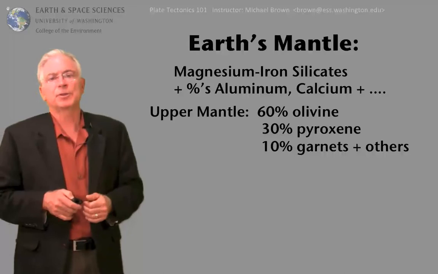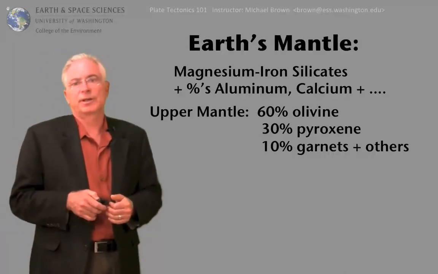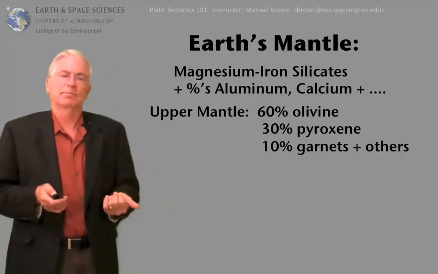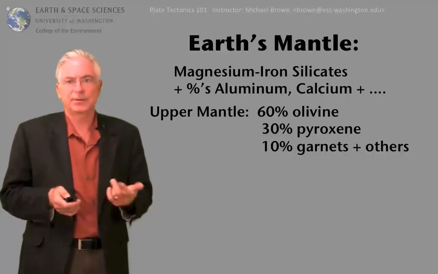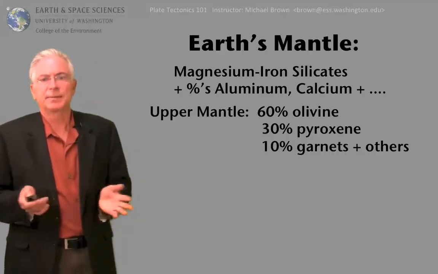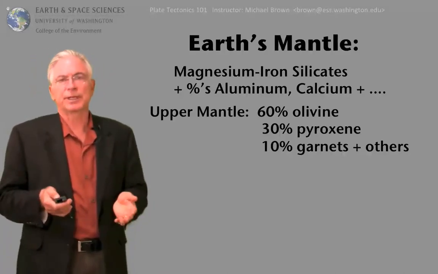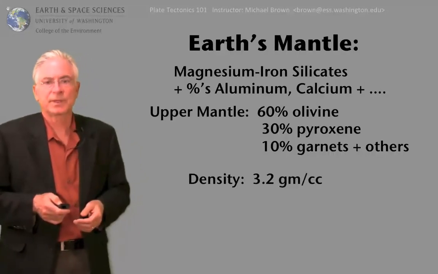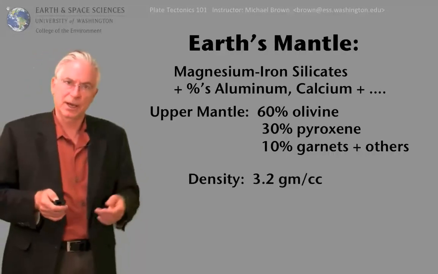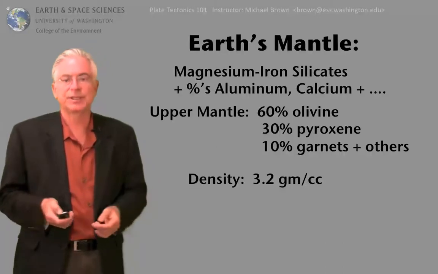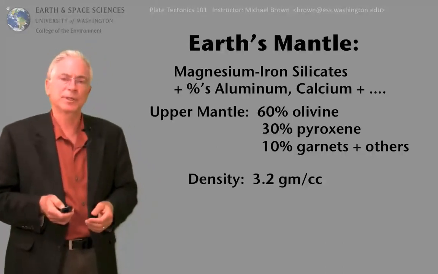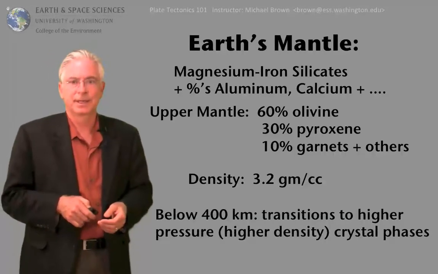So the very uppermost mantle is a mixture of common minerals, about 60% olivine, about 30% pyroxenes, and about 10% other things, including garnets. The density of the mantle at the top is less than the average density of the mantle. It's about 3.2 grams per cc.